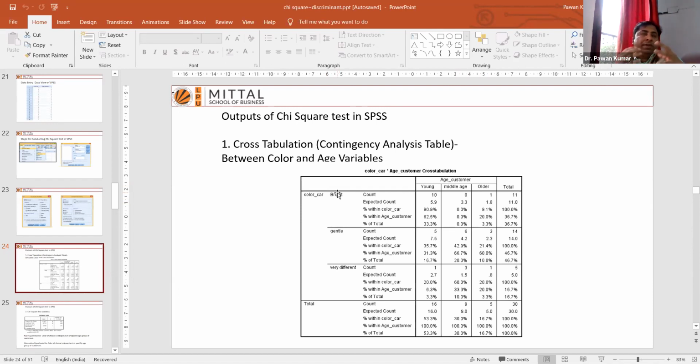Now see, you have to decide on the creativity yourself. You have to be creative: you can replicate this example in the cosmetic industry, in the software industry, or, for example, the salon industry. Even the beauty salon industry I could go for, where there are different types of facials. You have different types of facials and different age categories, and you study the association.